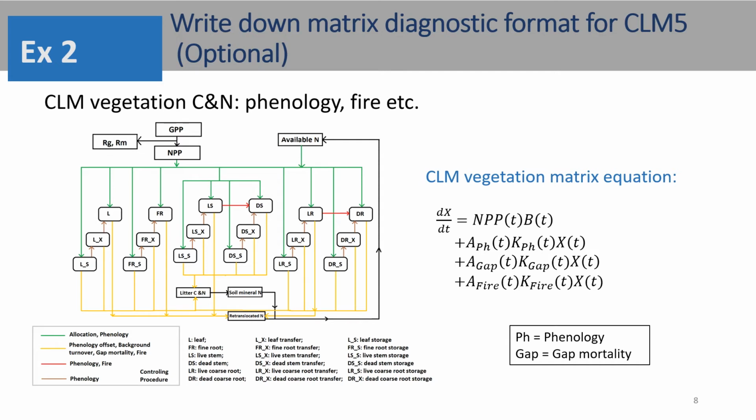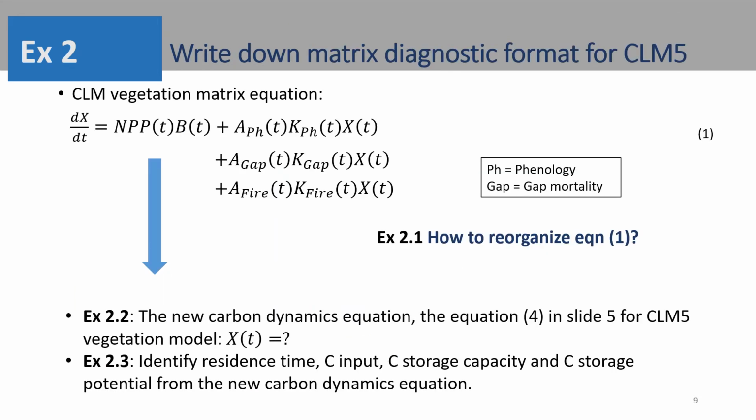So the carbon transfer term can no longer be simply written into one AKX term. Three AKX terms representing different processes have to be added together. If the matrix carbon balance equation is formulated with the three AKX terms, can we still reorganize it to find those traceable components?